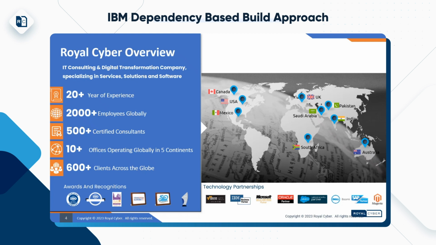We have global presence in Canada, UK, Australia, New Zealand, Middle East, Mexico, South Africa, etc. And we have multiple offshore development centers in India. We have strategic partnerships with many technology companies like IBM, Microsoft, Amazon, Google, Broadcom, and others, which eventually helps our customers on their digital transformation journey.